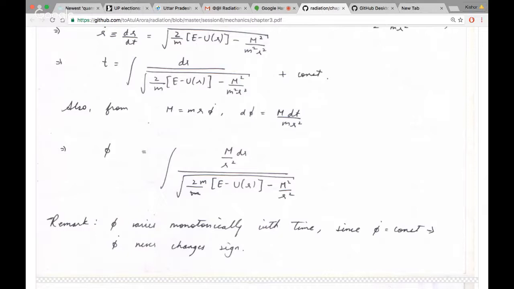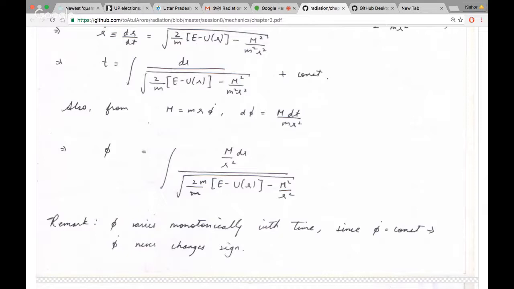It should be easier than that. So you have d phi by dt equal to something. So d phi is equal to M dt by m r squared.